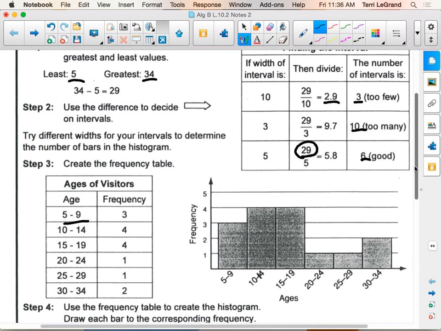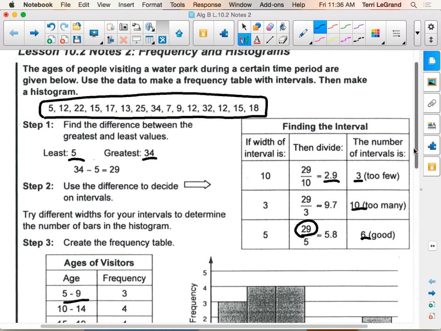So where did they get the 3 for the age group from 5 to 9, 5 through 9? Where did they get the 3? Where do you think that came from? Frequency, what does that mean? What does frequency mean? Because it's in the frequency column.